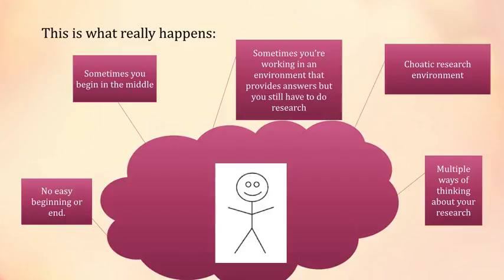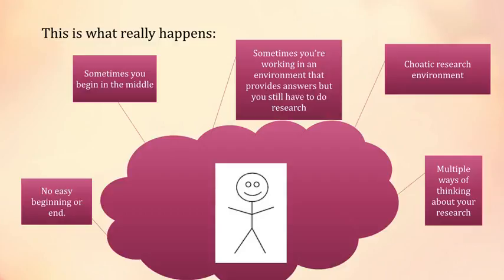What really happens is that often you are immersed in this very chaotic environment where there's no real beginning or ending. You can't find a beginning or an ending. Sometimes you're working in the field in which you're conducting research, so you know a lot about the area already. So you almost have to go back and find a beginning.